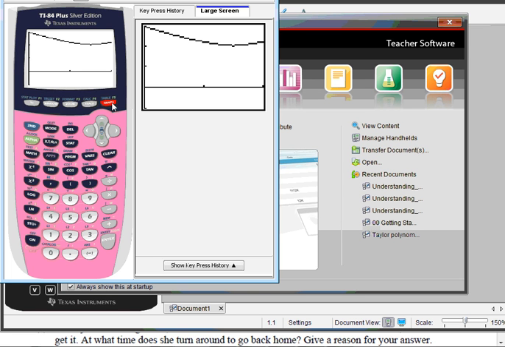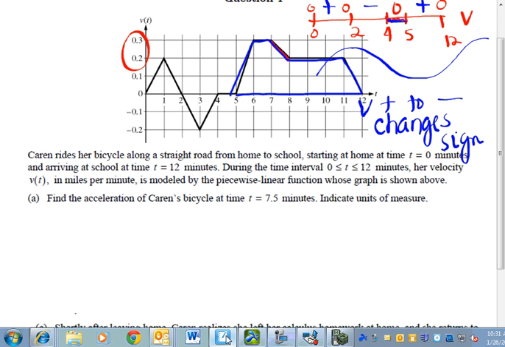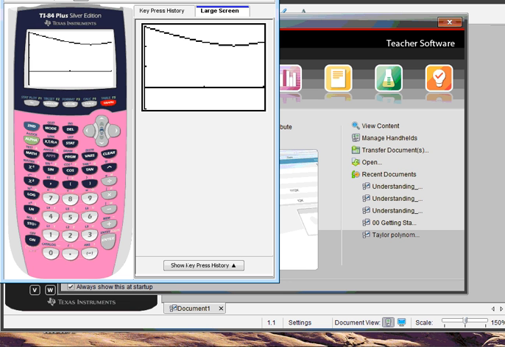Now I got to figure out how to get back to my smart board. This is easier.